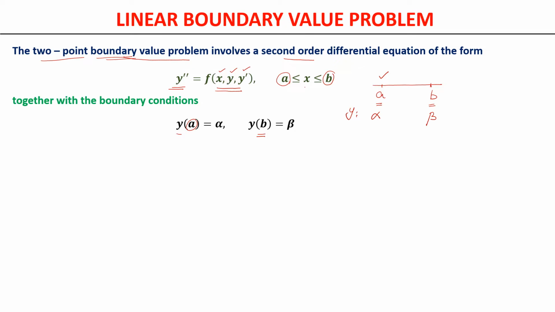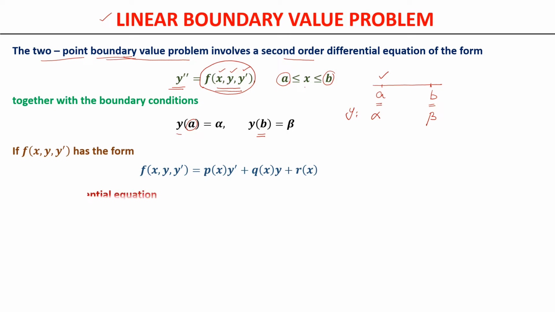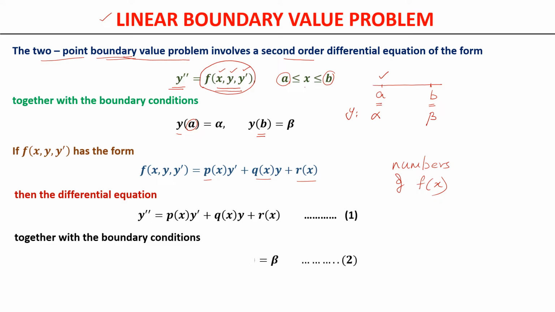But before I solve it, let me see what kind of a function f of x, y, y dash should be in order to call it linear. If f of x, y, y dash takes the form p of x into y dash plus q of x into y plus r of x, where p, q and r are either pure constants, you could have them as numbers, or they are functions of x, then this boundary value problem is called a linear boundary value problem.